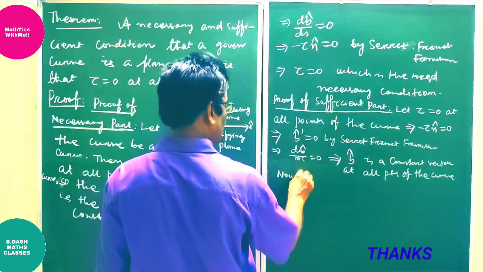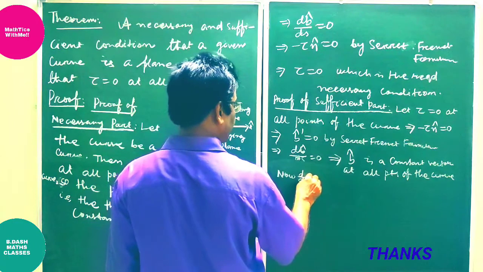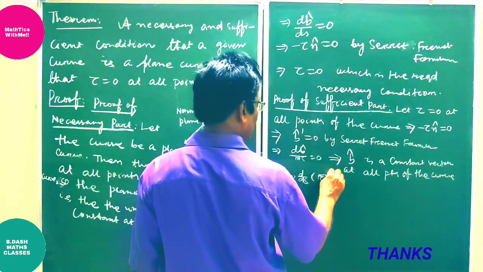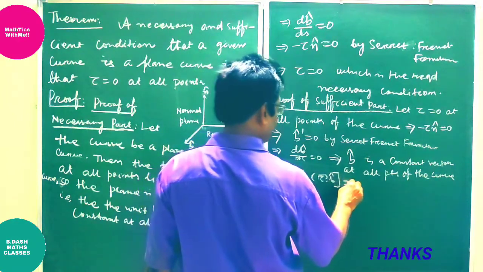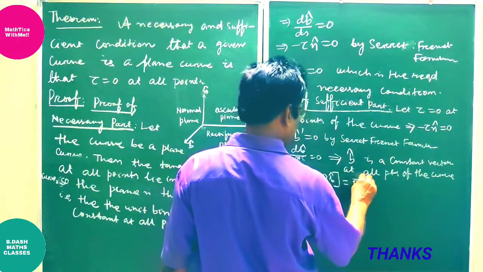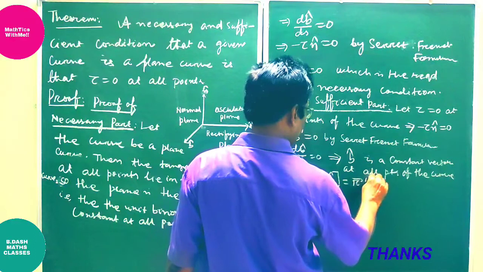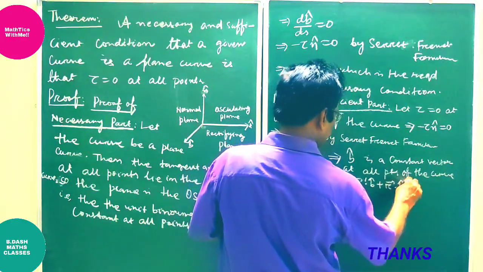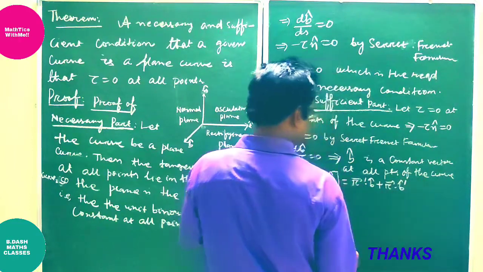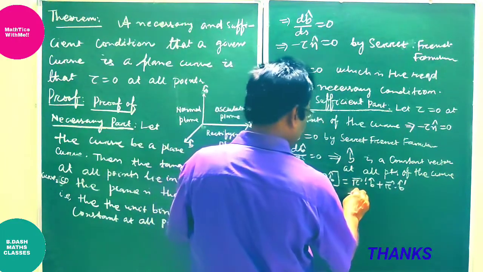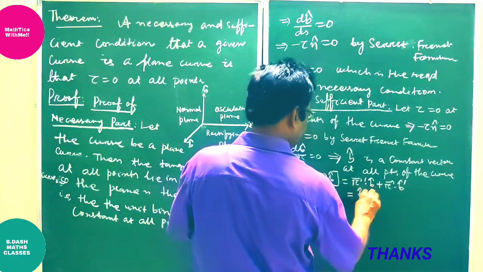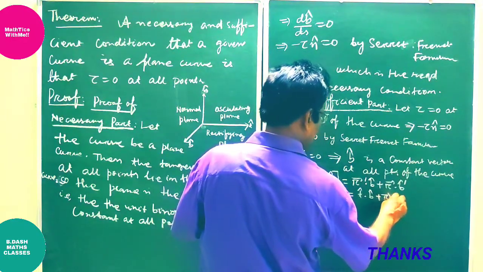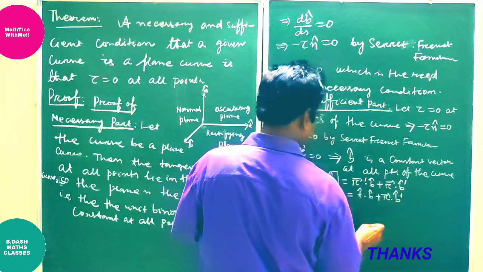Now d by ds of vector r dot vector b is equal to r dash dot b cap plus vector r dot b cap dash. So this is t cap dot b cap plus vector r dot b cap dash.